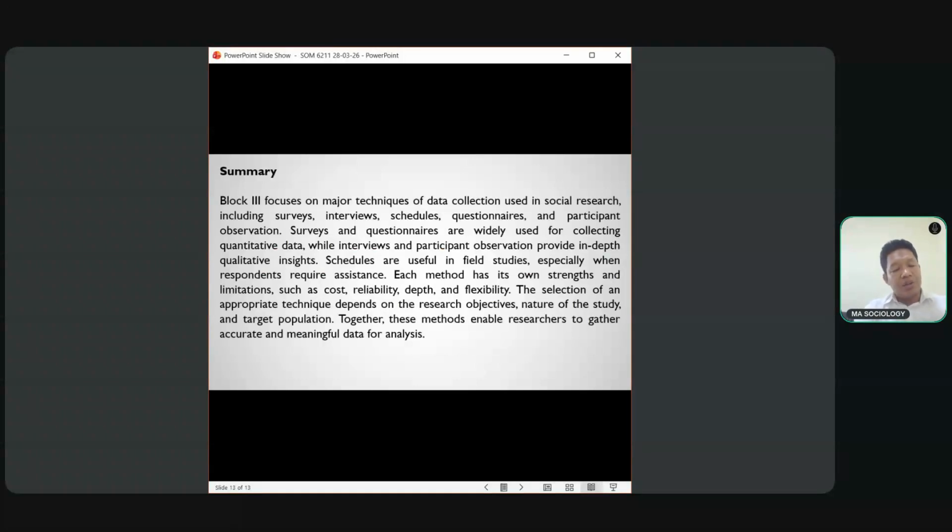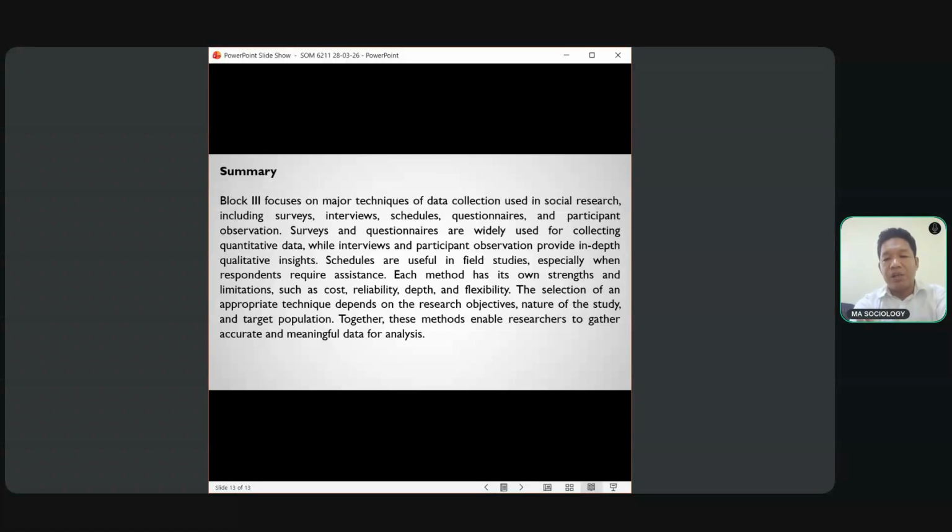Coming to the conclusion, I would like to summarize that Block 3 focuses on major techniques of data collection used in social research, including surveys, interviews, schedules, questionnaires, and participant observation. Surveys and questionnaires are widely used for collecting quantitative data, while interviews and participant observation provide in-depth qualitative insights.